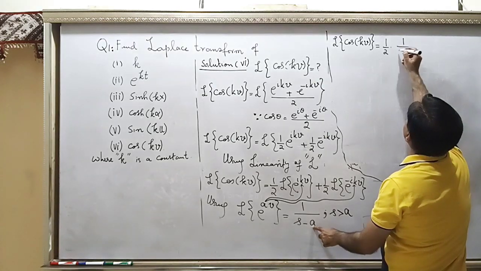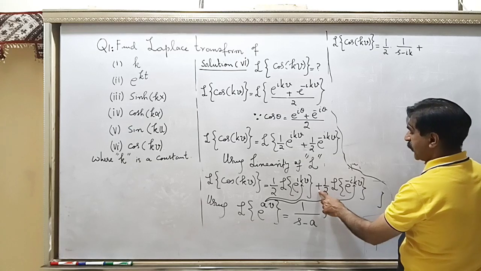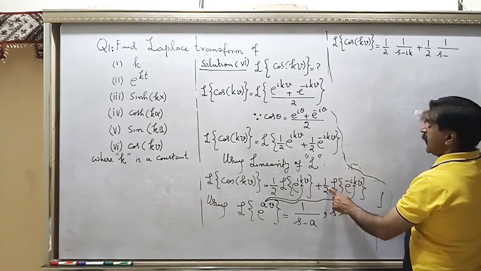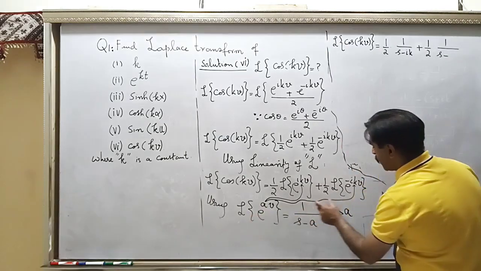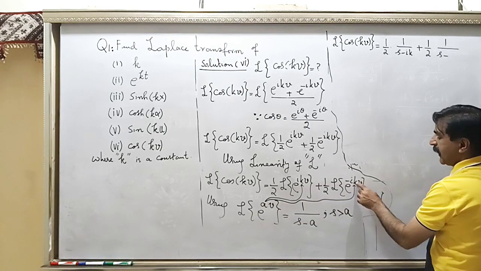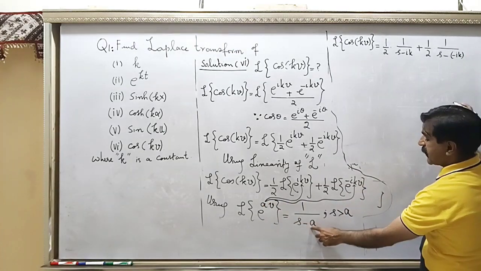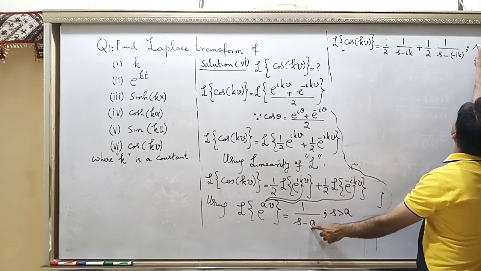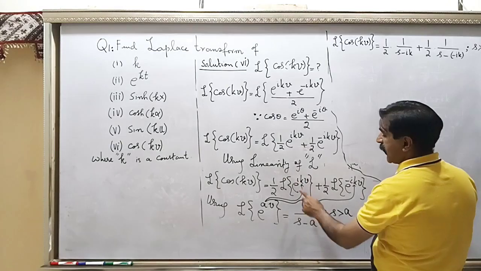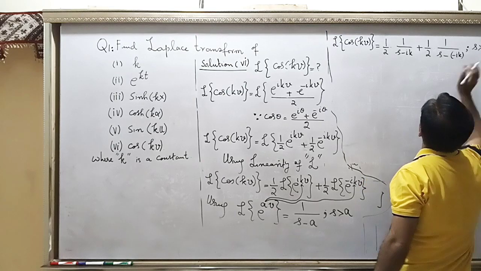So it is 1 over s minus ik plus, from the formula, 1 over 2 into 1 over s minus, when you use this formula for this piece, then a will be minus ik. So this is minus ik, here minus ik, and s is greater than, in place of a you have k. You do not need to write iota here.